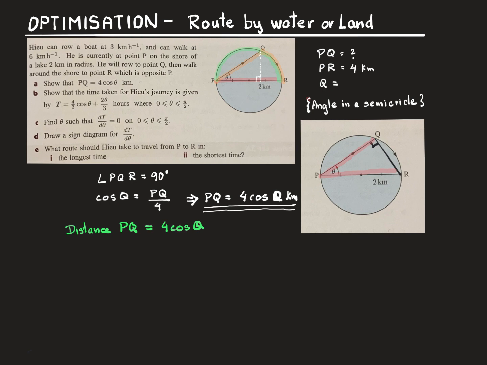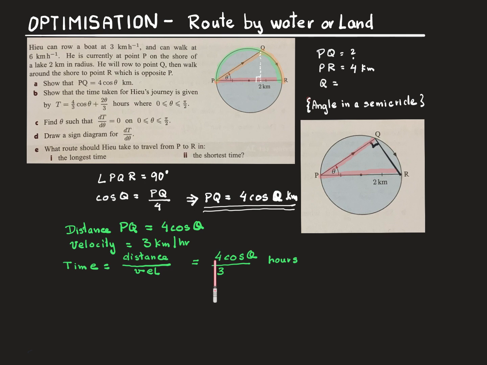Now he can row the boat at 3 kilometers per hour because this distance is on the lake. And therefore the time taken for Hugh to row across from P to Q will depend on the angle, because at different angles the time will be different. So depending on whether the angle is 0 or 25 or 30 or whatever, the number of hours will change.